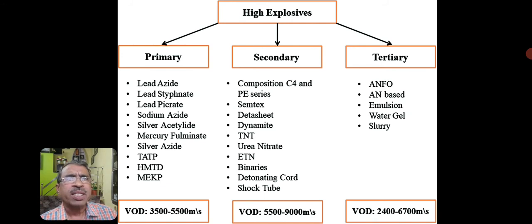The secondary explosives include Semtex, dynamite, TNT, urea nitrate, PETN, and so on. Of course, there are also some tertiary explosives, but they are not much in use.